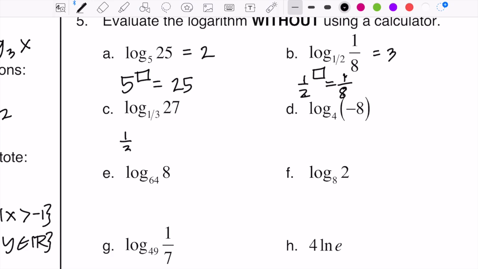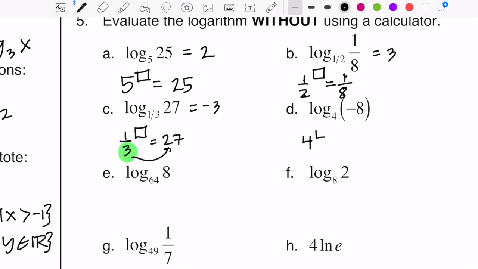Let's see, 1/3 to what power is 27? The first thing we notice is that we do have one of the bases in the denominator, so that automatically means it's going to be negative. And 3 to 27 would be 3 to the 3rd power, so that's negative 3.